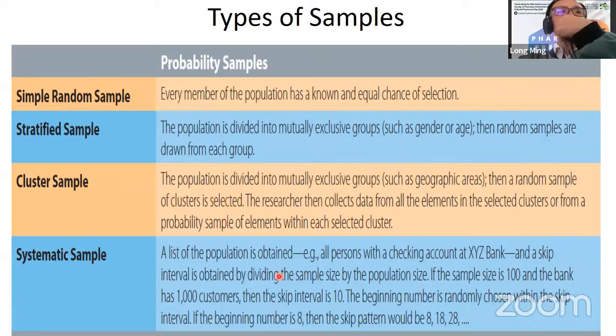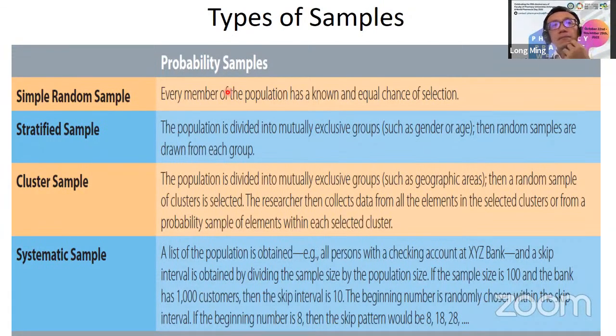Let's first look at the 4 sampling methods under probability sampling. In terms of study design, probability sampling is more preferred because it can have better reliability. Now let's look at the first one, simple random sampling. First of all, you need to have a sampling frame, then you generate random numbers.